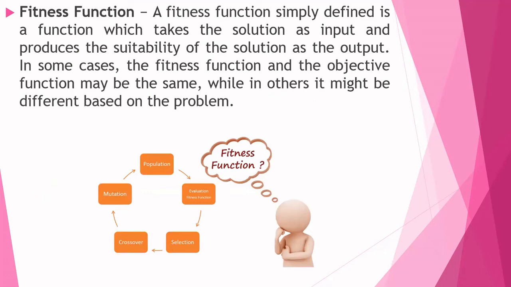We need to know how fit that number is. It takes the solution as the input and produces the suitability of the solution as the output, because you identified one number as the solution. You are considering that as the input, doing some manipulations on it, and producing the result as the output. In some cases the fitness function and objective function may be the same, while in others they might be different, based on the problem.